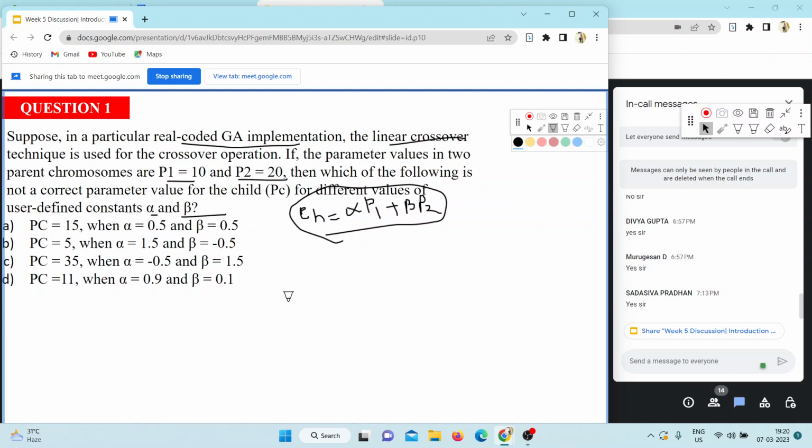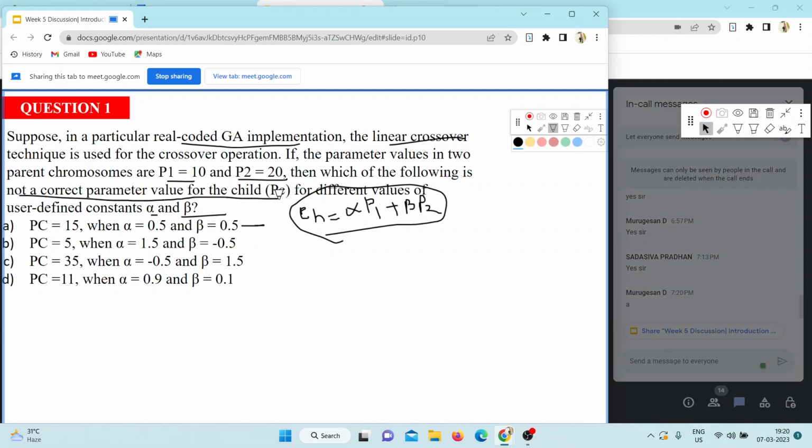Any guesses for this question? Yeah, Murugesh is telling A. The question is, which of the following is not a correct children value for this alpha and beta?